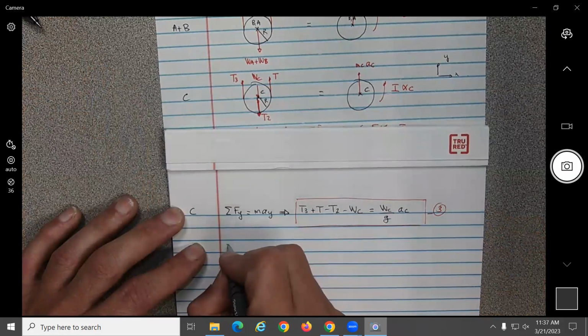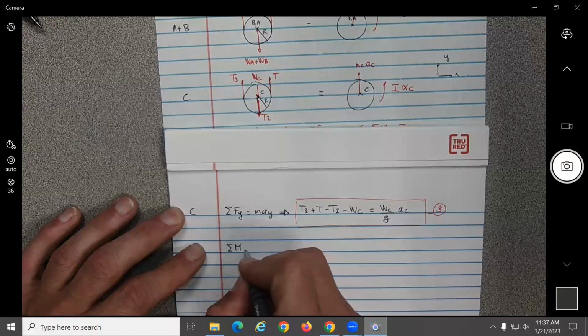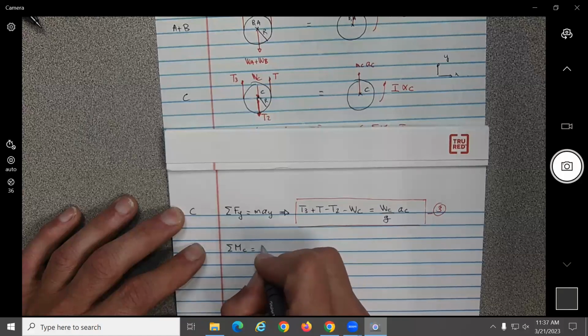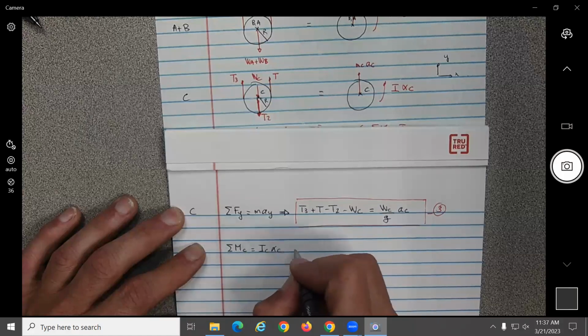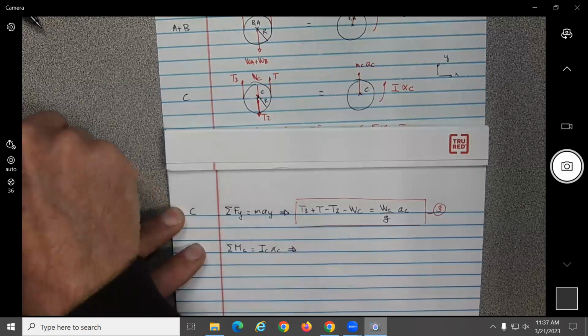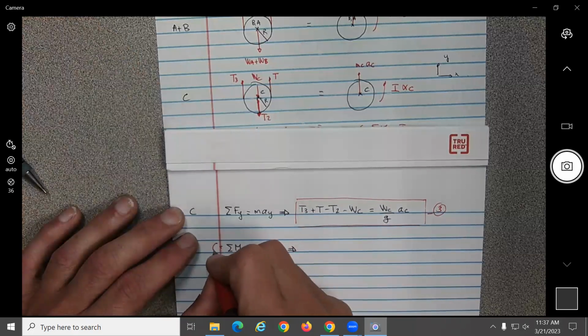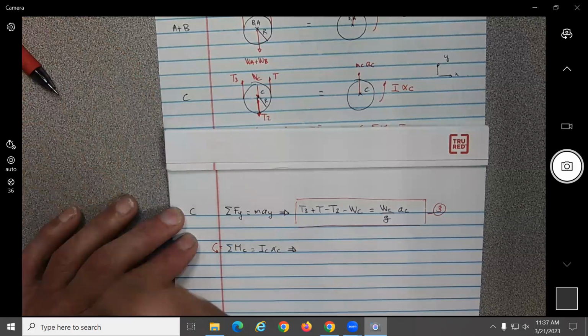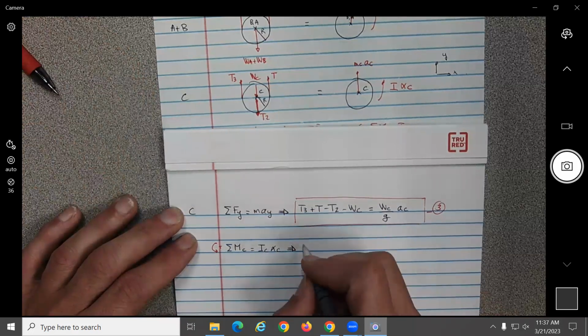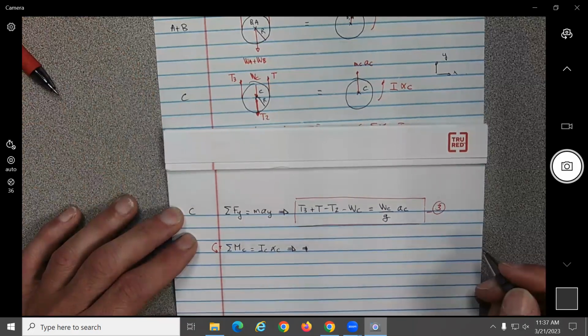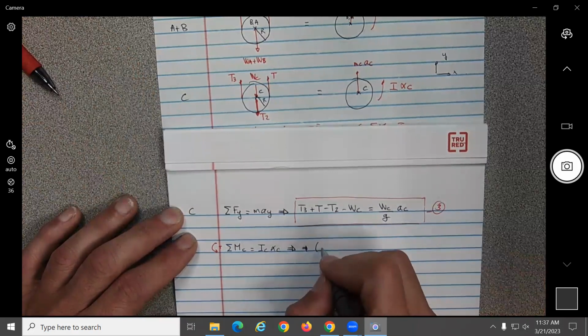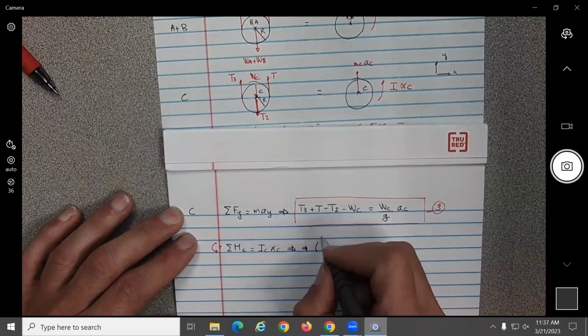All right, one more. We're going to write down summation of the moments about which point? C, equal I sub C alpha C. Counterclockwise. So what would be the equation over here? The other way around, no?